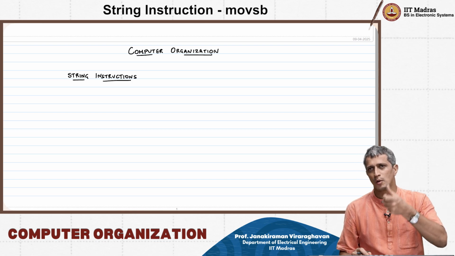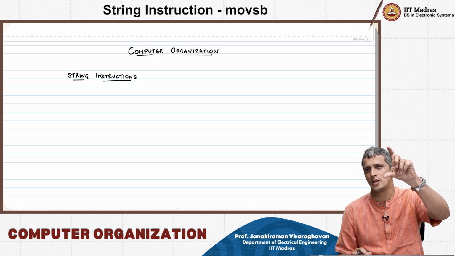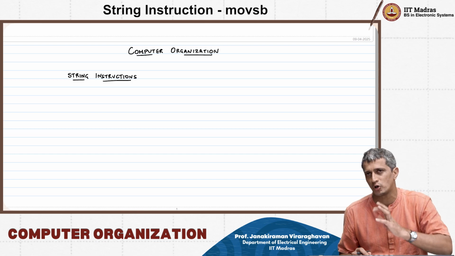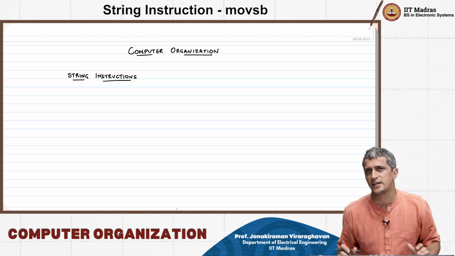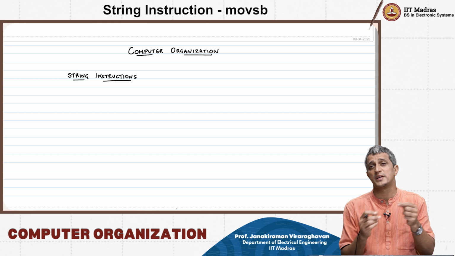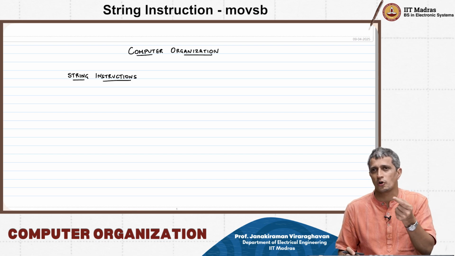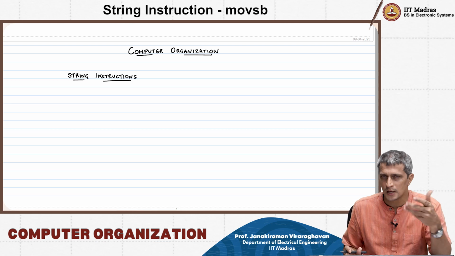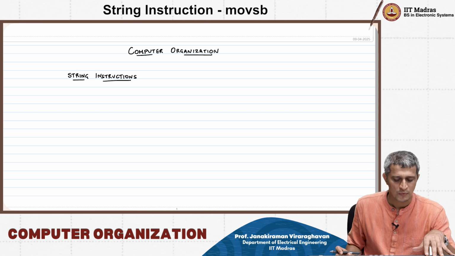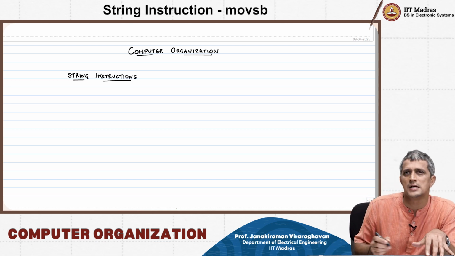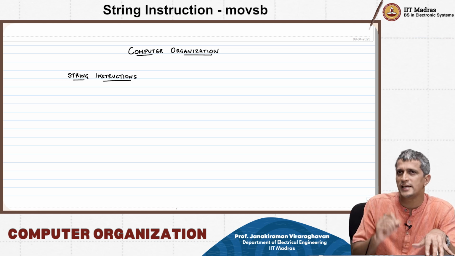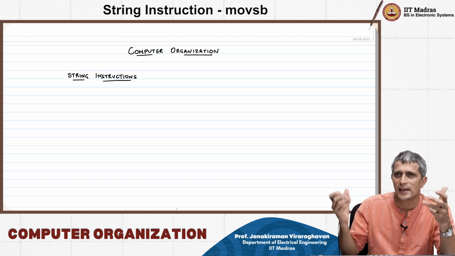We may want to move a big chunk of data from one segment in the memory to another segment, or one region in the memory to another region, because segment has a very special meaning in the x86 architecture, right? Or for that matter, you might want to specifically compare two strings, or look for a certain character and so on. These are the kind of scenarios that we might want to deal with, and therefore x86 does provide some instructions which are very specific to these string type of operations or the array type of operations.